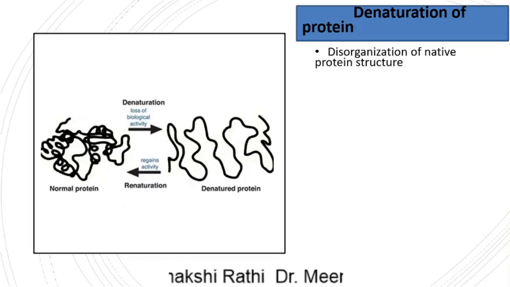See here, this is the diagrammatic representation of denaturation of protein. Here it is a normal coiled 3-dimensional structure of protein.